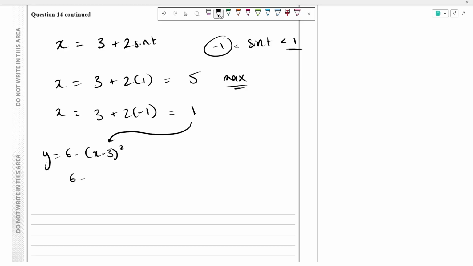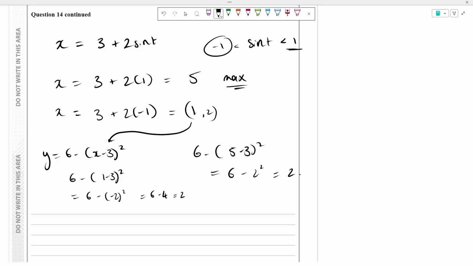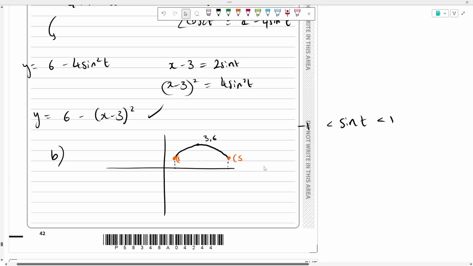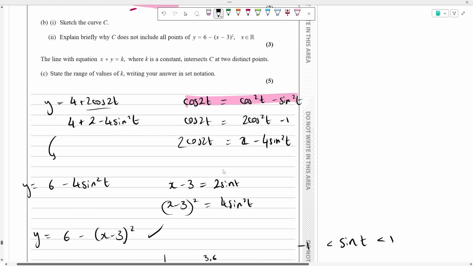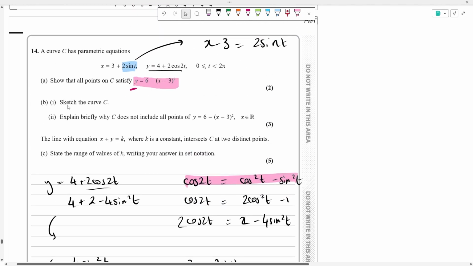This gives us 6 minus (1 minus 3) all squared, which is 6 minus 2 squared, which is 6 minus 4, which is 2. So it's going to be 1, 2. And then the same thing for the other one, 6 minus (5 minus 3) all squared. That gives you 6 minus 2 squared, which is also 2. You can see it looks symmetrical, so that does make sense. 1, 2, and 5, 2. And that's our part I complete.